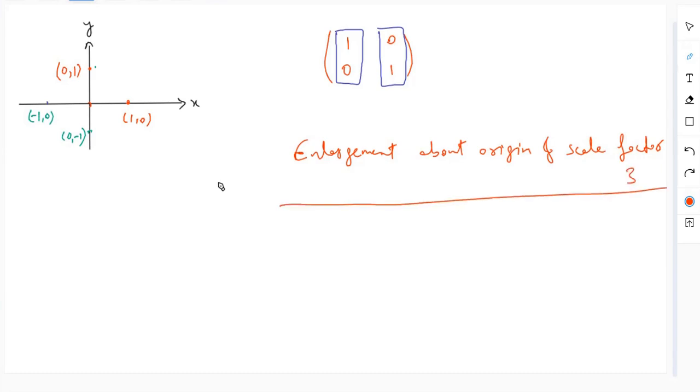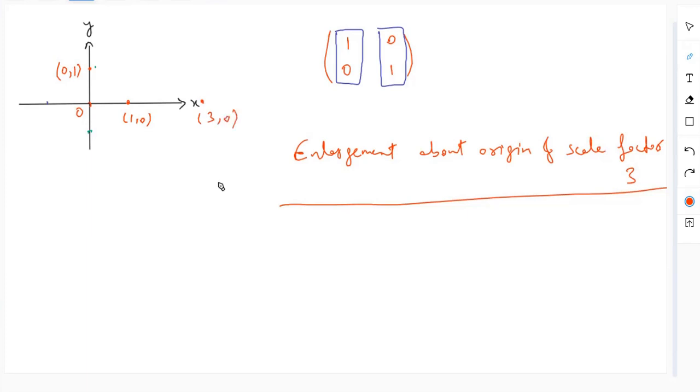If you have scale factor 3, what happens to these points here? 1 0 point कहाँ चला जाएगा? If 0 is your center, 1 0 point कहाँ चला जाएगा? It will go 3 times this original point. So 1 0 जो है वो 2 0, 3 0, ये चला जाएगा 3 0. Right? Very good.